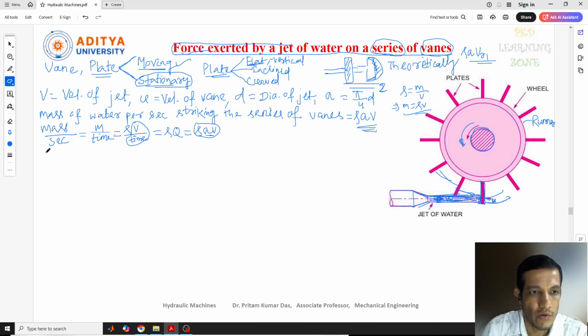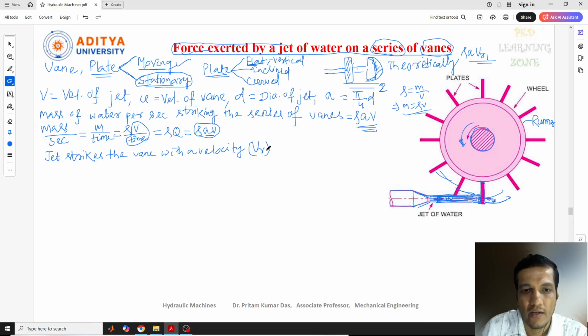So the next one we can write: the jet strikes the plate or vane, we can write anything, with a velocity that is nothing but the relative velocity. So relative velocity equals what? Already we have seen previously. What is the relative velocity?